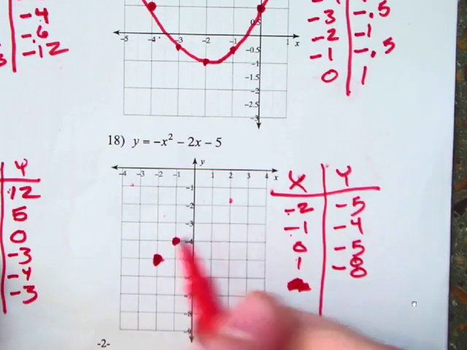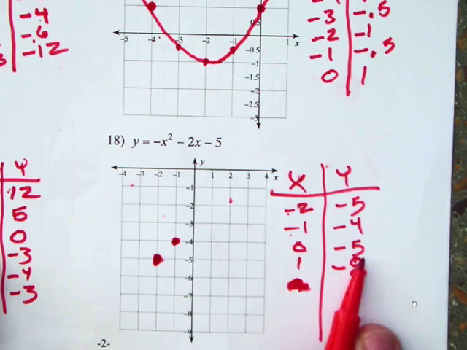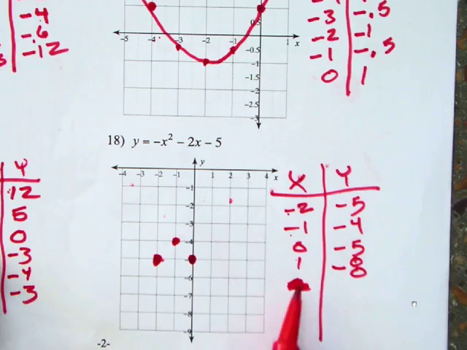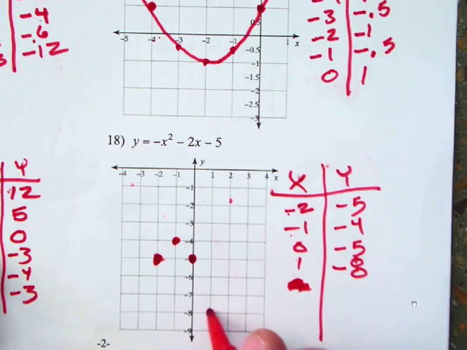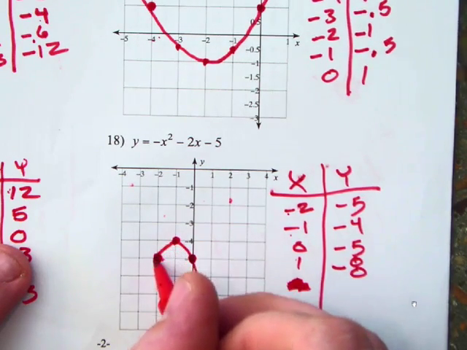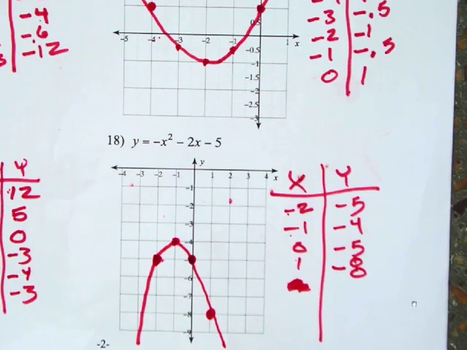Put a point. When x is 0, y is negative 5. Put a point. When x is 1, y is negative 8. And we can start to see where this graph is going to go. A negative view down there.